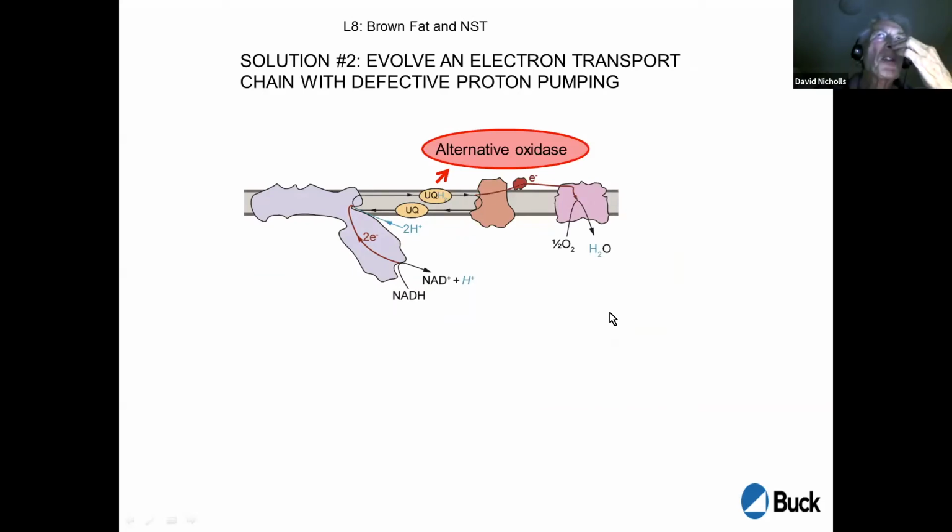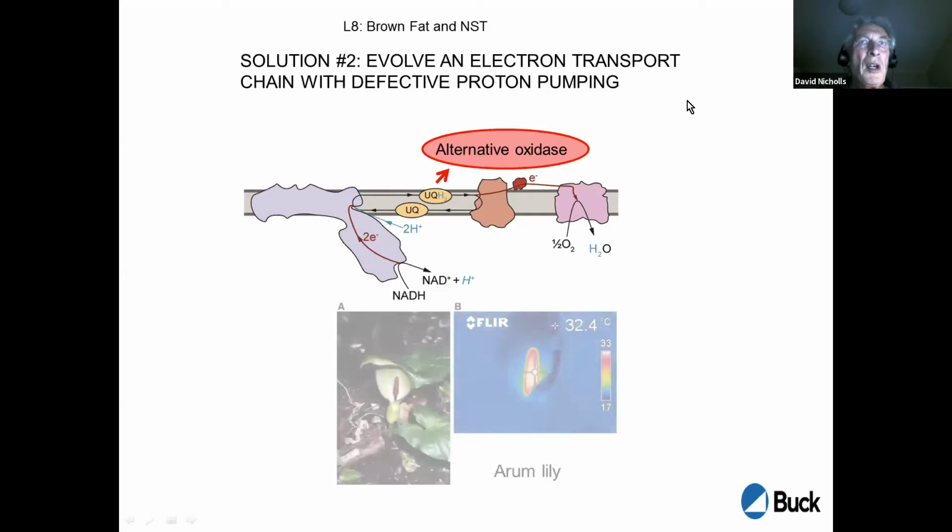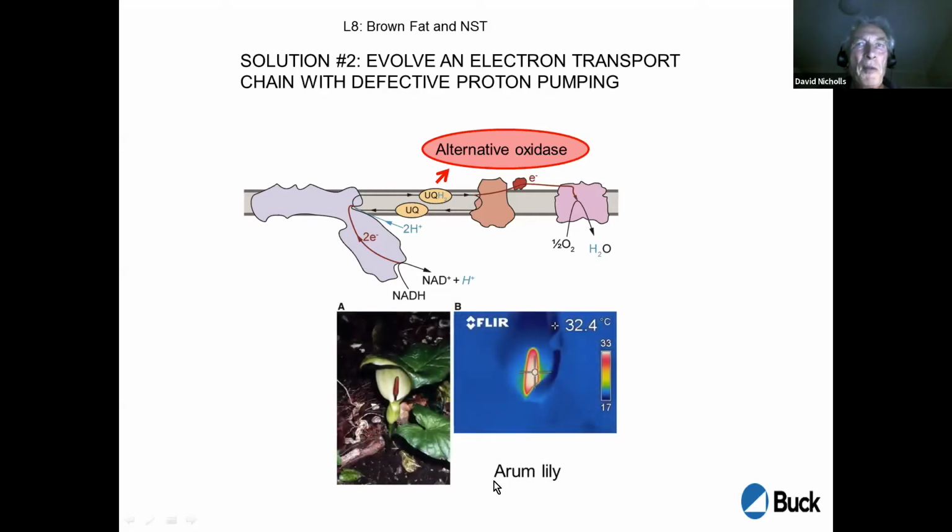A second possibility is to modify the electron transport chain, to have an electron transport chain which either does not pump protons or pumps fewer protons. And one example is to bypass complexes 3 and 4, for example, with an alternative oxidase, feeding from ubiquinol down to oxygen, but not pumping protons. And this is an option which is taken up by various plants, for example, the arum lily.